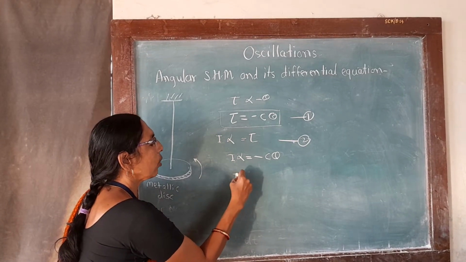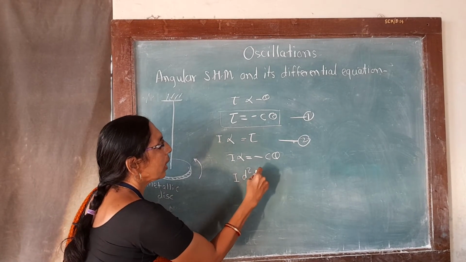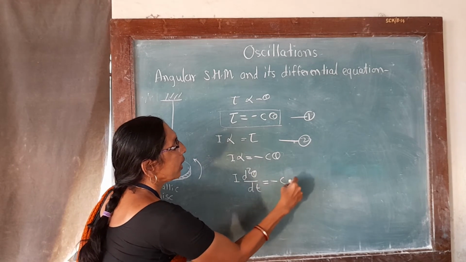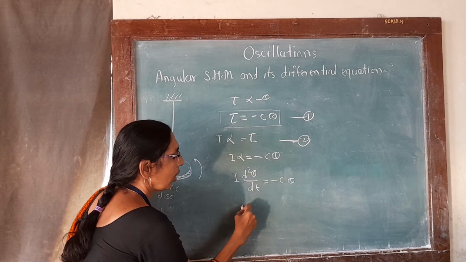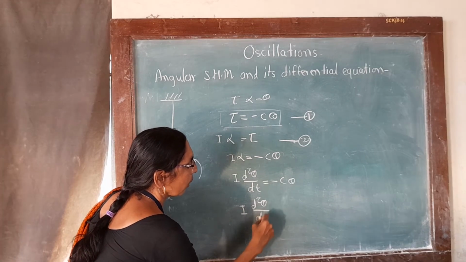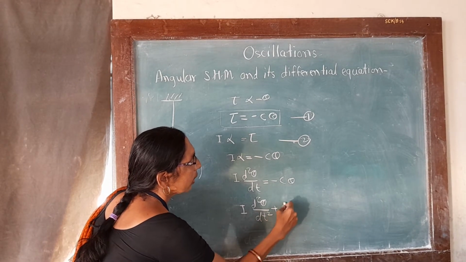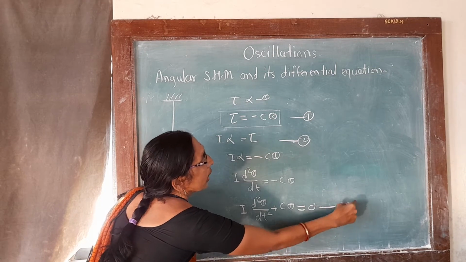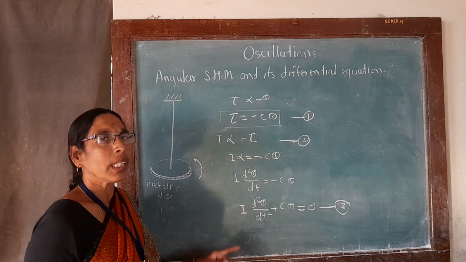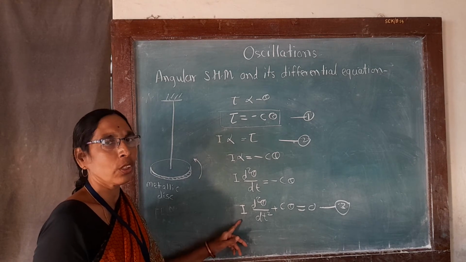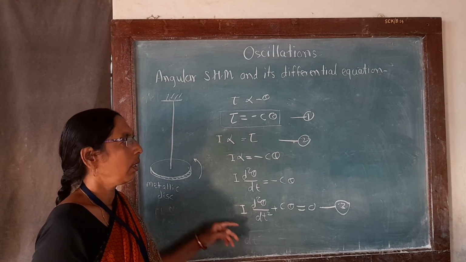That means I into d2 theta by dt square is equal to minus c into theta, or I into d2 theta by dt square plus c into theta is equal to 0. This equation is called the differential equation of angular SHM.